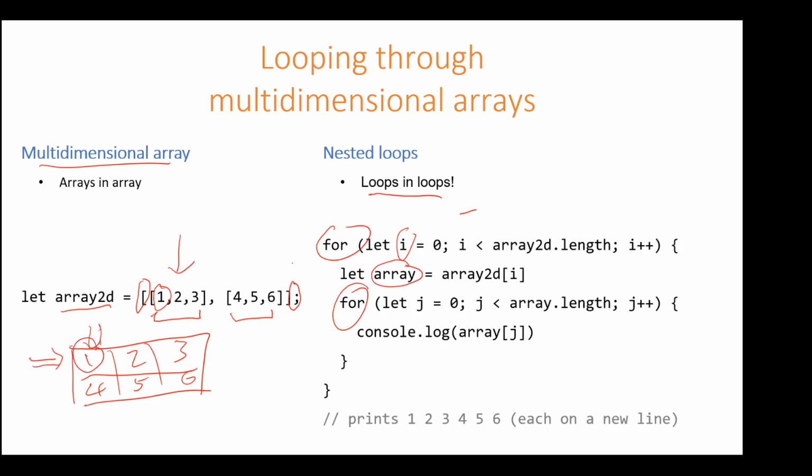So now array equals this first element. And then in the nested loop, the inner loop, I'll loop through the elements in each of this inner array. And then I'll log the element out. So at the end, this will print 1, 2, 3, 4, 5, 6.